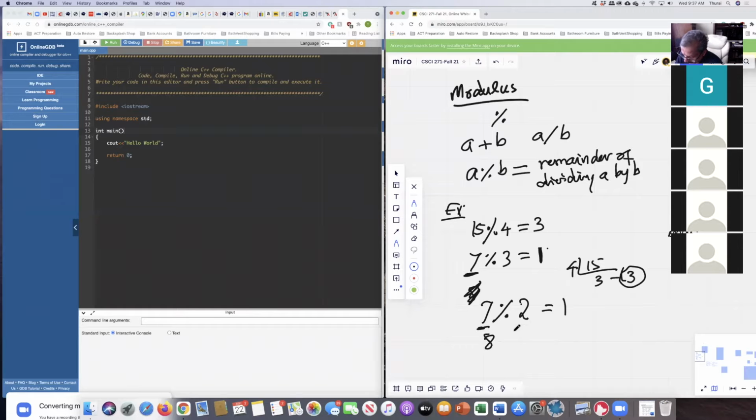If the number is 8, then 8 modulus 2 will be 0. So if the modulus operator produces a 0, that means the number is even. If it produces 1, then the number is odd.